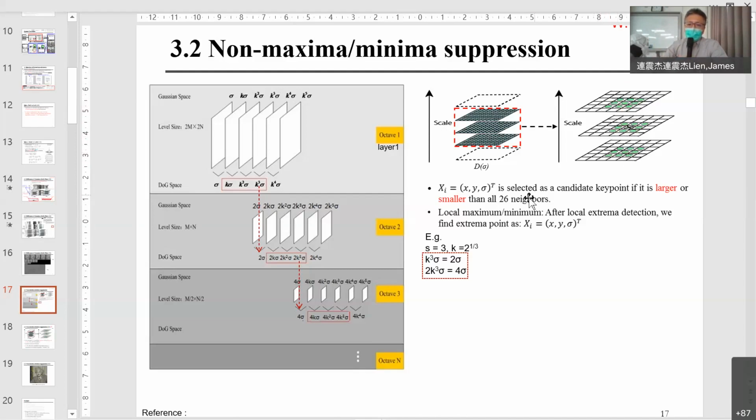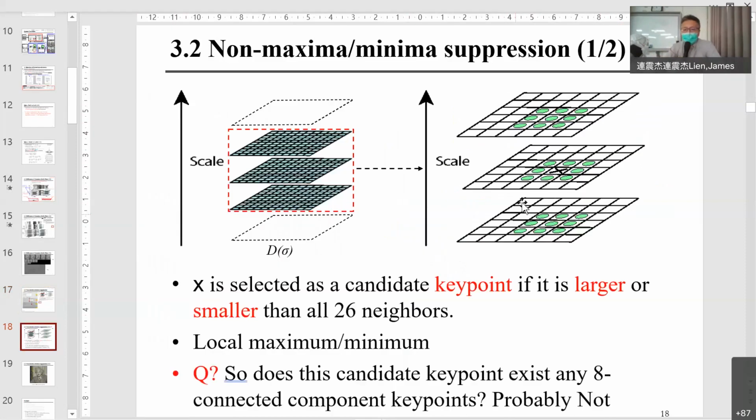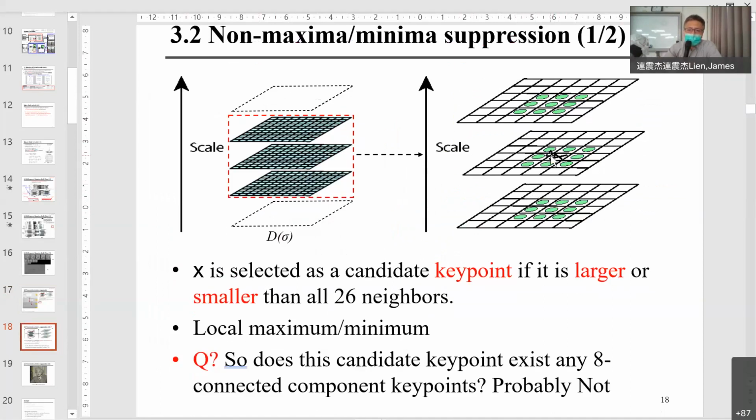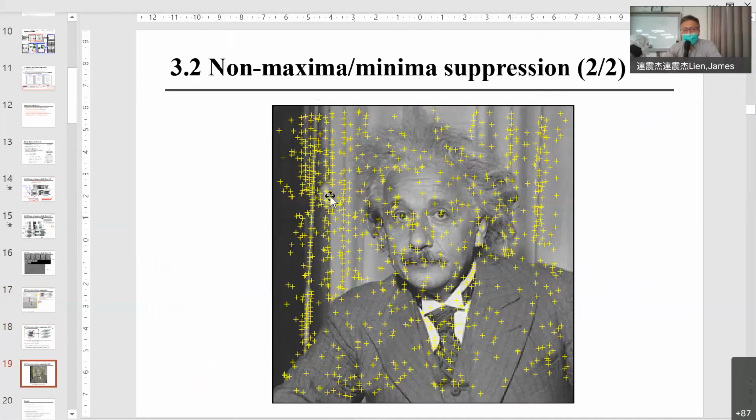In the end, originally we had many edges, and right now each edge is an individual edge.